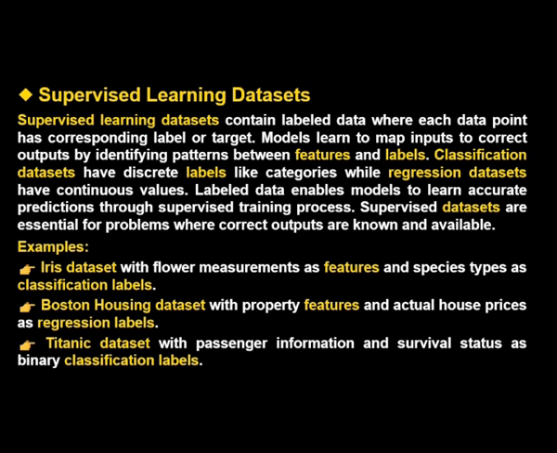There are two major types: classification datasets and regression datasets. Classification datasets have labels in categorical format. Regression datasets have labels with continuous values. Supervised datasets are commonly used because labeled data provides clear guidance during the learning process.